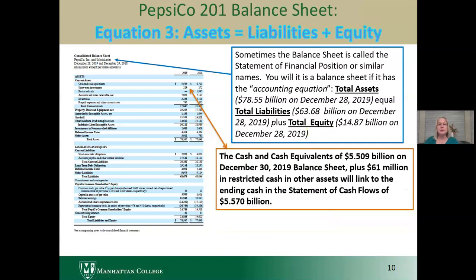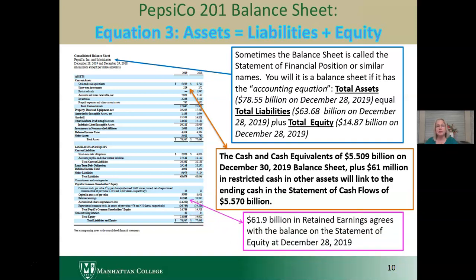You will also notice that this cash and cash equivalents that you'll see on the balance sheet, you'll also see in the statement of cash flows. This cash and cash equivalents of $5.509 billion plus some restricted cash of $61 million gives us the ending cash balance on the statement of cash flows.